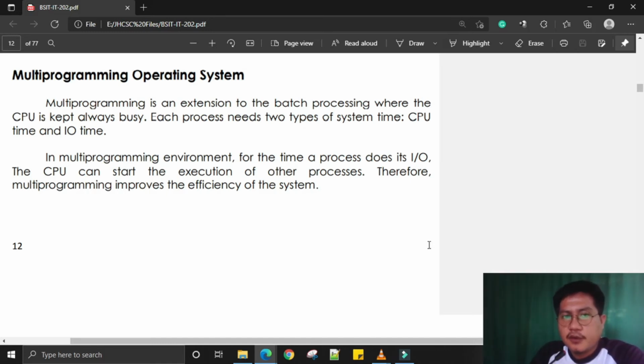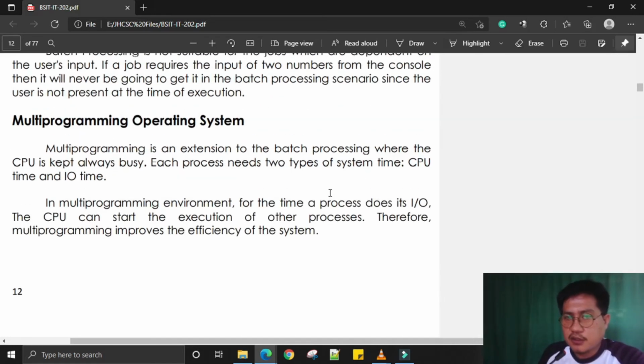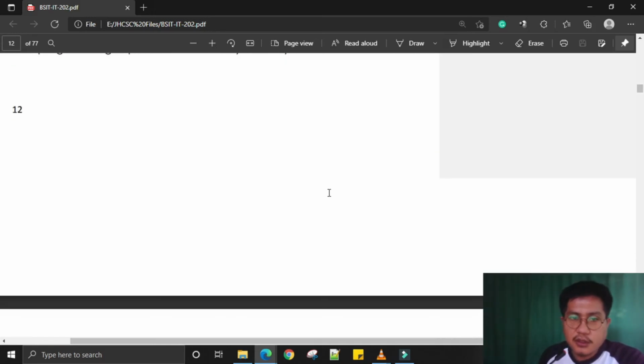Although, like batch processing, it still follows the first come first serve method of processing the requests or the jobs, as far as time is concerned, with the implementation of a multiprogramming operating system, it is faster and more efficient compared to the batch operating system.